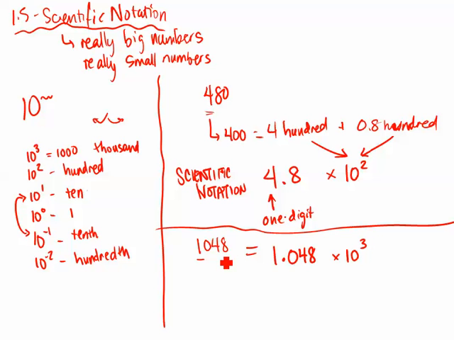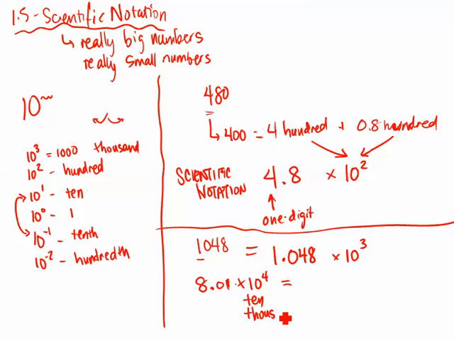So that's scientific notation. If we wanted to work backwards, let's say I give you the example 8.01 times 10 to the fourth power, and I said convert this into standard notation, which is just the number. Well, then we look at this, and 10 to the fourth, if we look at our chart, is 10,000.